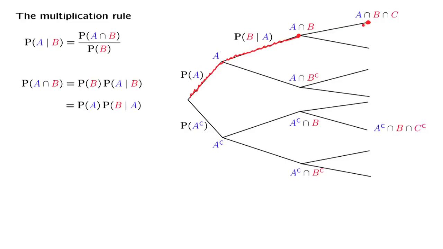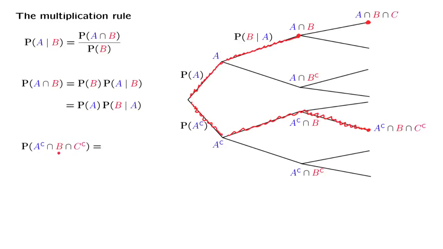Or there could be other scenarios. For example, it could be the case that A did not occur, then event B occurred, and finally event C did not occur, in which case we end up at this particular leaf. What is the probability of this scenario happening? Let us try to do a calculation similar to the one that we used for the case of two events.